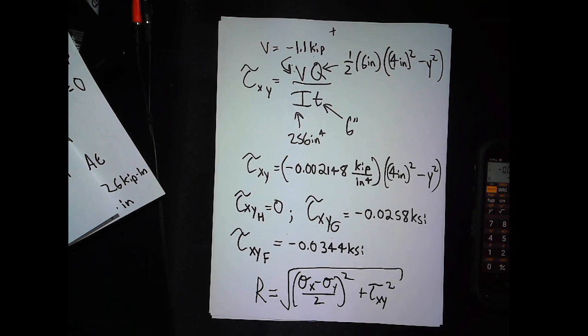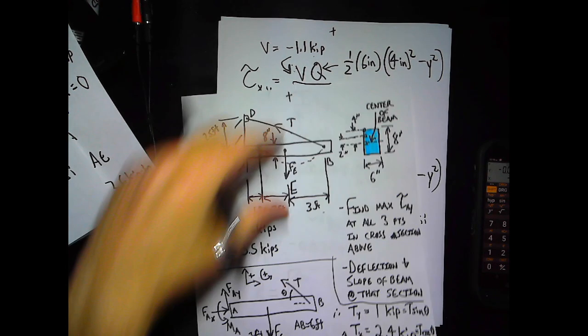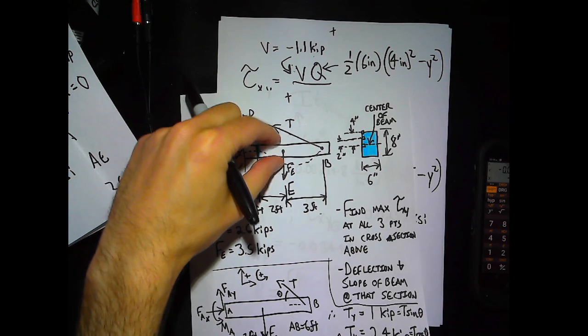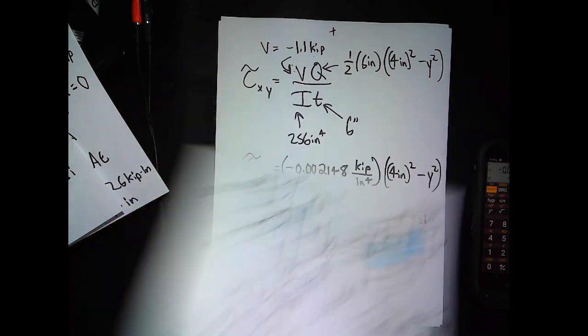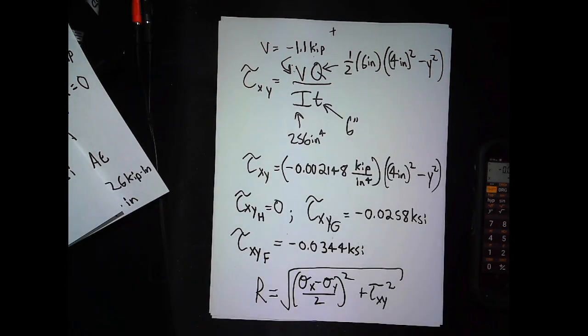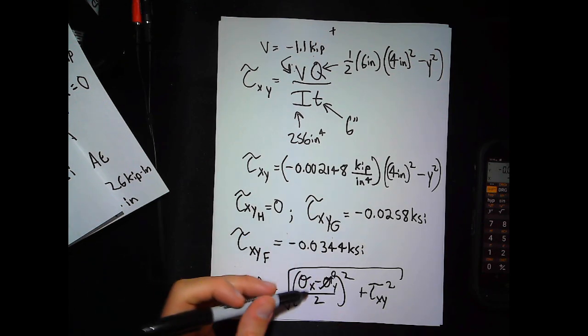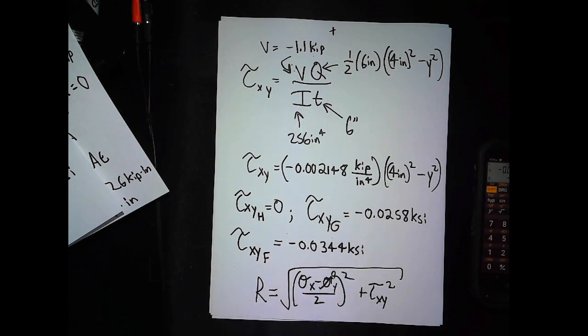Great. All right, in this case, we didn't have any sigma y, because that would mean that we have forces compressing the beam or pulling the beam apart in the y direction. We don't have that, so that's 0. So I can just take all my normal stresses, divide by 2, square them, and add them to corresponding shear stresses.